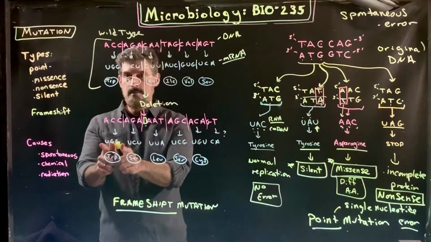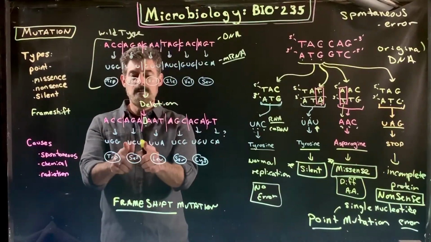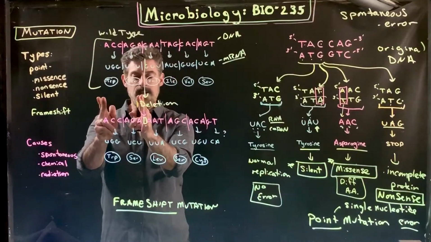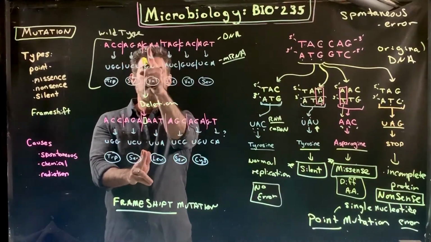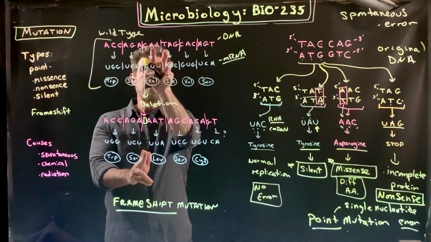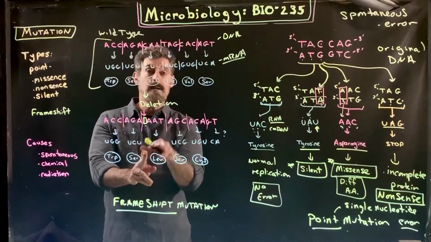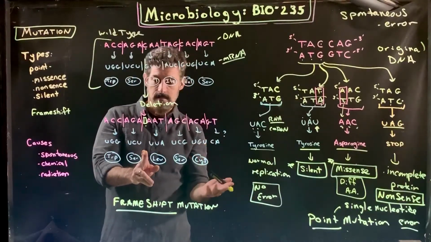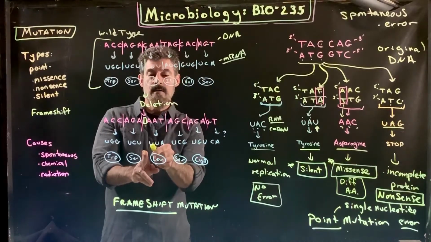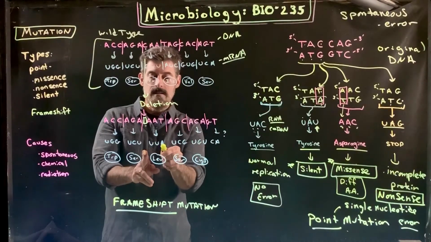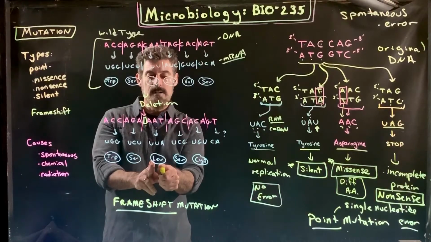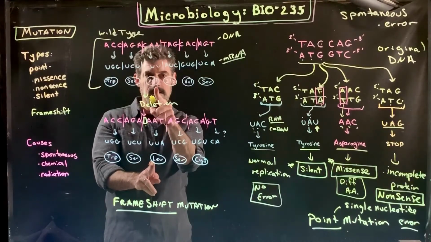So now we get the UGG for tryptophan, the UCU for serine, that's the same. But now we shift over here. So the C is gone, so now we have AAT, right? Which is then transcribed into the RNA as UUA, which codes for leucine. So a totally different amino acid.